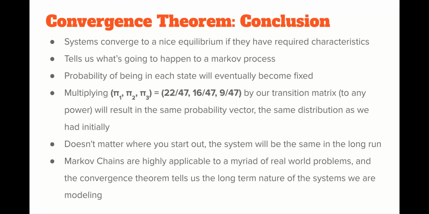And what it's saying is that the probability of being in each state will eventually become fixed. So multiplying our 22, 16, and 9 over 47 by our transition matrix, which by the way could be raised to any power, will result in the same probability vector, the same distribution we had initially. So it doesn't matter where you start out, the system will be the same in the long run.